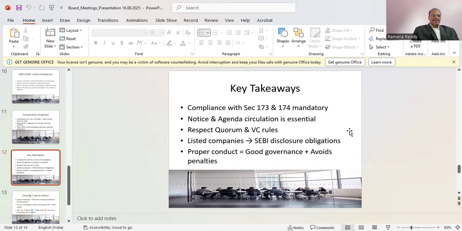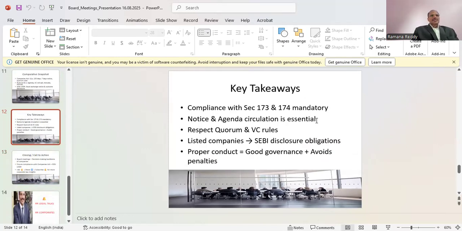So then the key takeaways. Private, public, and one-person companies must follow the provisions under the Companies Act and the rules and SS-1 Secretarial Standards for board meetings. Unlisted companies particularly benefit from Secretarial Standards, which clarify agenda preparation, virtual meetings, and documentation standards.